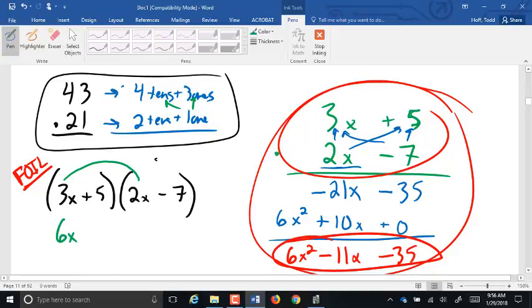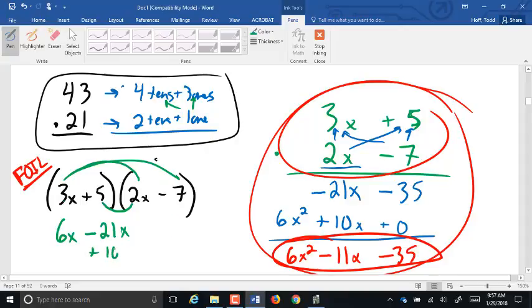The O stands for outer or outside, whichever you prefer. 3x times negative 7 is a negative 21x. I stands for inside or inner. 5 times 2x is 10x. Now, some of you are taught to put the 10x out here.